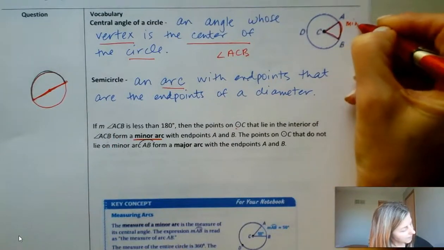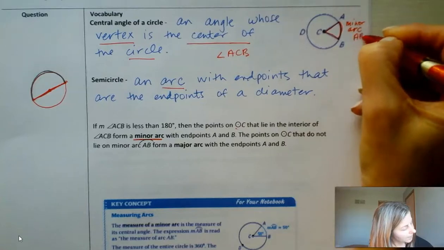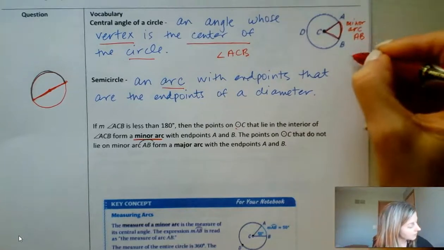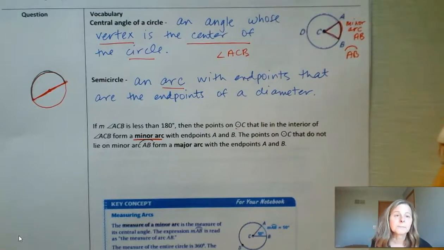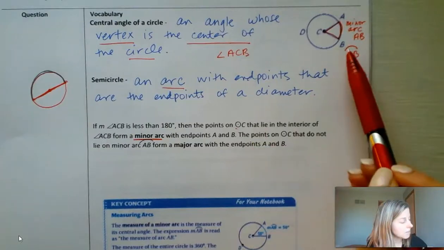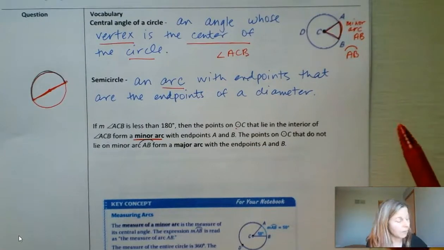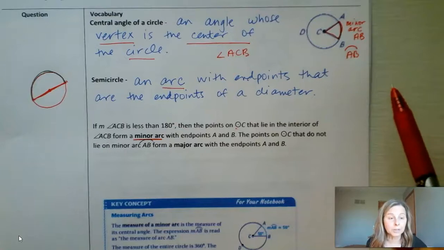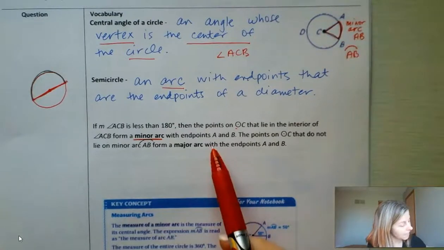I'm going to write minor arc AB, and actually it would be AB with an arc symbol above it. That is how you would write it. Instead of segment AB having a segment bar, arcs have a little arc above it. That's called a minor arc because it goes less than halfway around the circle.